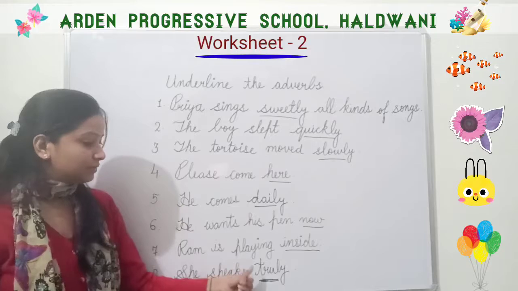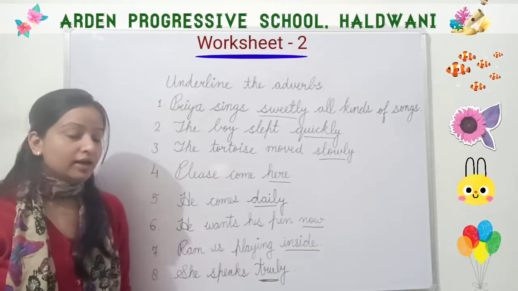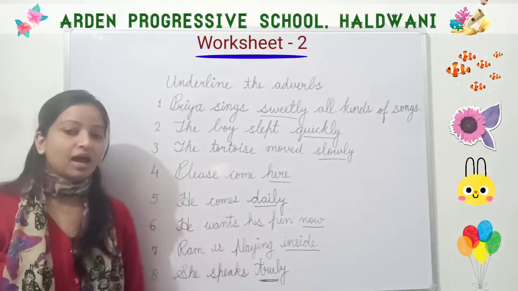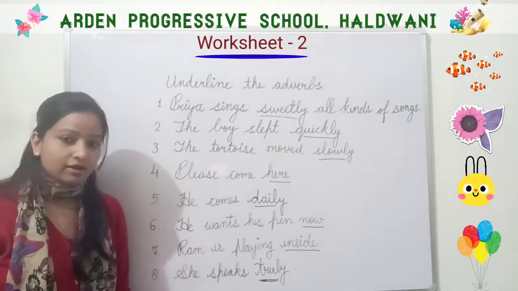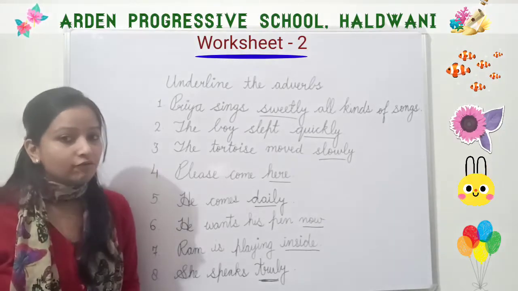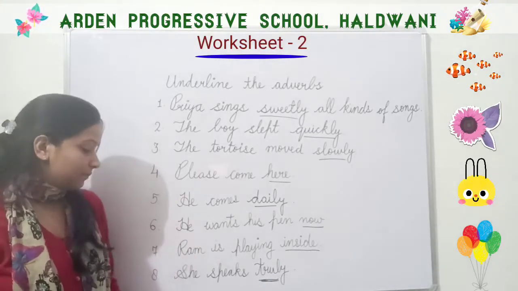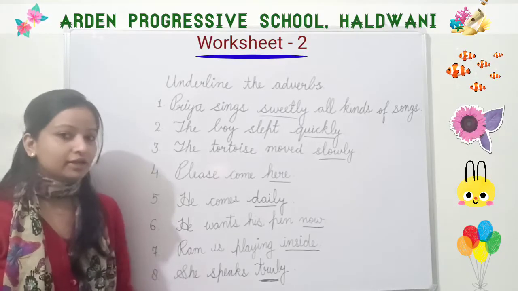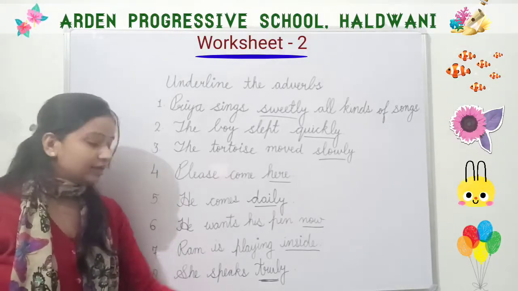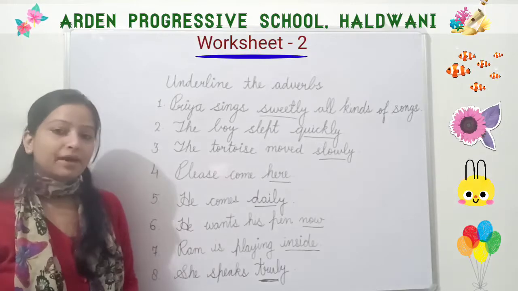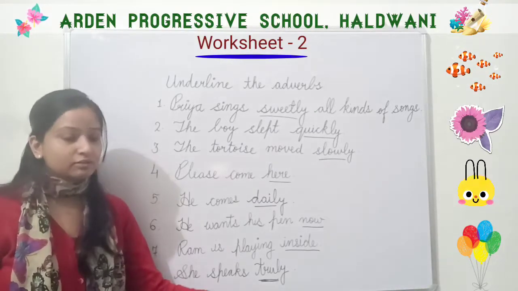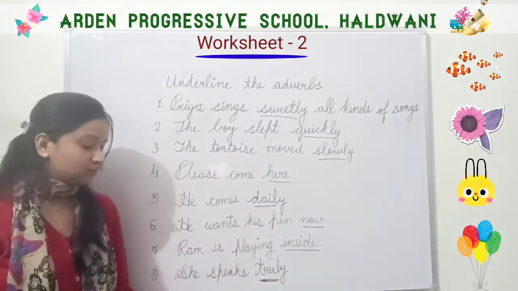Ram is playing inside. Where? Inside. This word is giving us the answer of where, hence it is an adverb of place. She speaks truly. So, how? Truly. Truly is an adverb of manner, and this word truly is modifying the verb speaks.